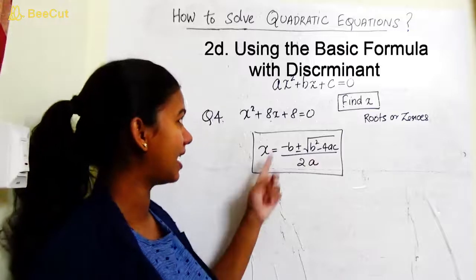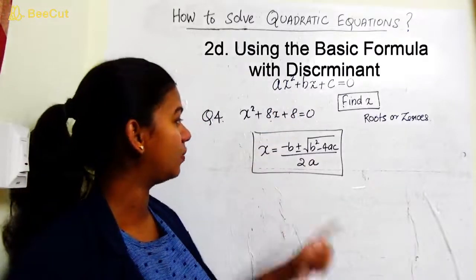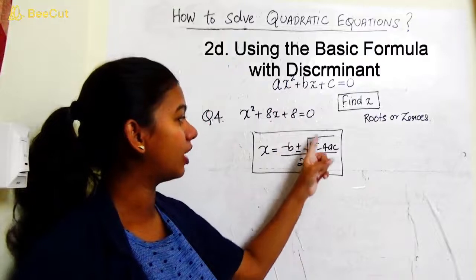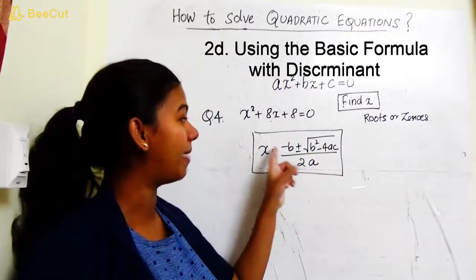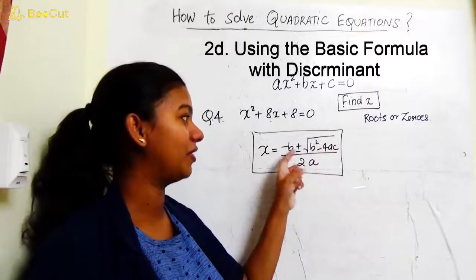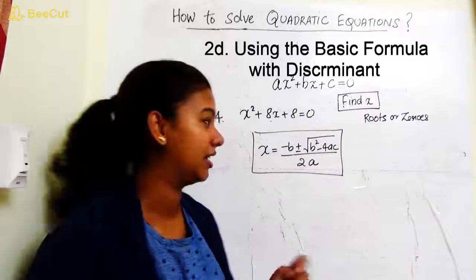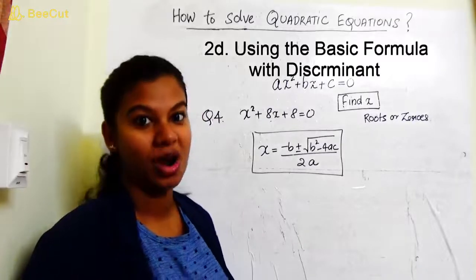That is, since it is a quadratic equation, there will be two values, and the first value is minus b plus root of b square minus 4ac by 2a, and the second value is minus b minus root of b square minus 4ac by 2a. That's why we mentioned this plus or minus. So this is the basic formula which we can use to solve quadratic equations.